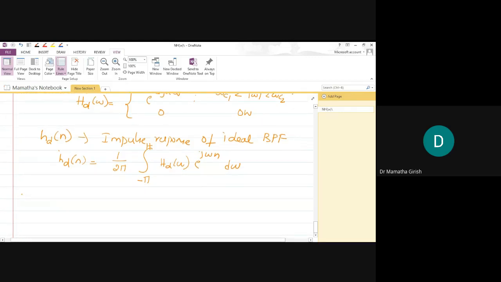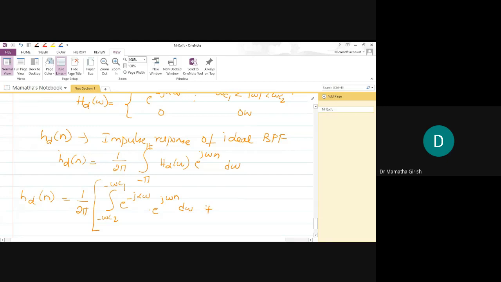Let's proceed further and substitute the appropriate limits. hd of n is equal to 1 divided by 2 pi, a common factor. Now let us split the limits of integration. What is the left hand side range? It varies from minus omega c2 to minus omega c1. The value is e to the power of minus j alpha omega multiplied by e power j omega n d omega.